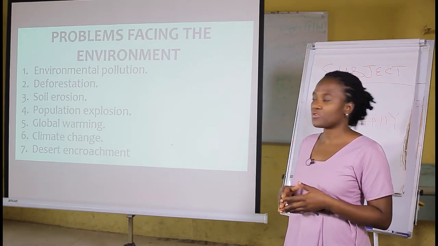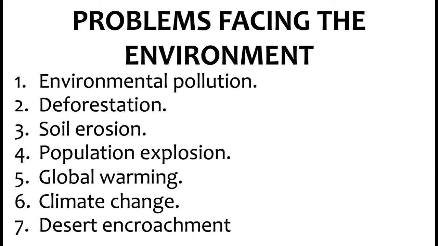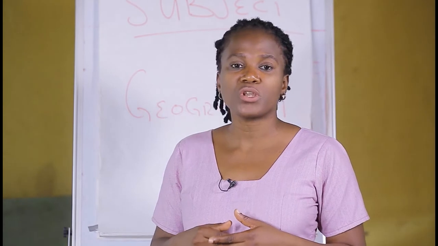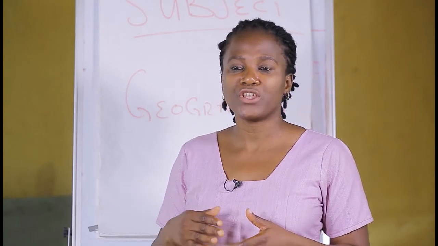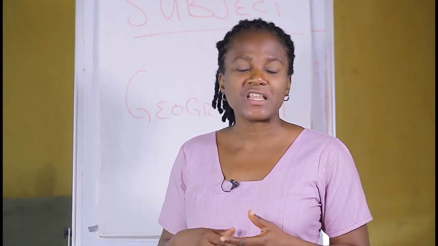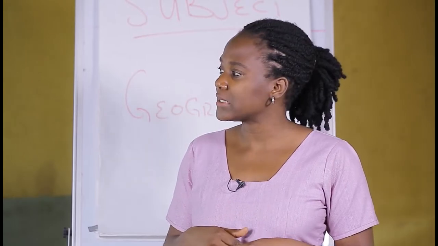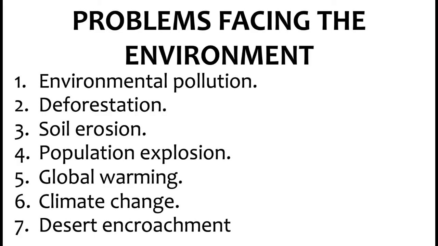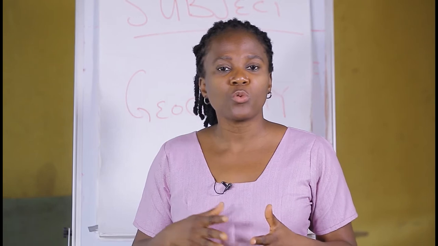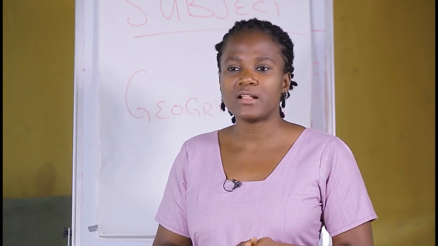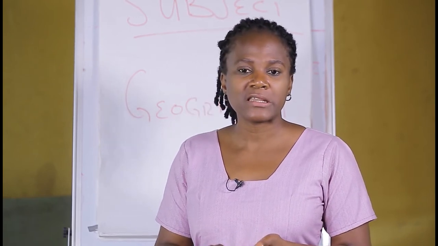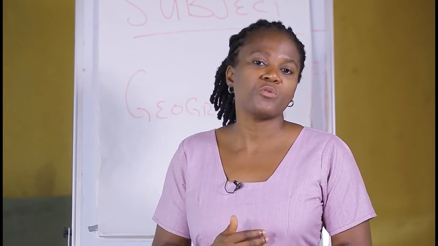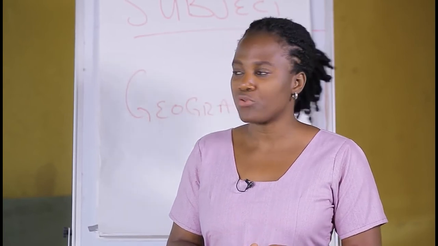There are several types of pollution. Number two, deforestation. When we say deforestation, we're talking about the loss of vegetation cover, particularly trees, in an environment. Number three, we have soil erosion, which is the washing away of the topsoil, thereby causing the land not to be suitable for agricultural purposes.